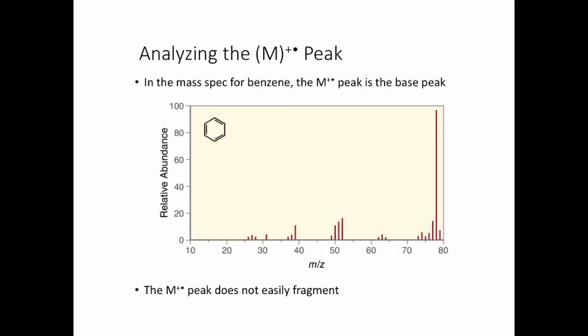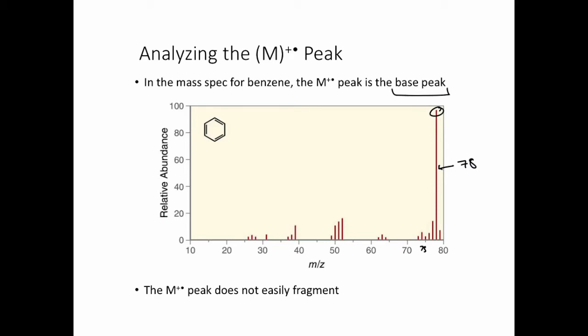Let's look at this example mass spec for benzene. So over here at the right, this would be 75, 76, 77, 78, we have the tallest peak, which is by definition our base peak. It's our most abundant peak.